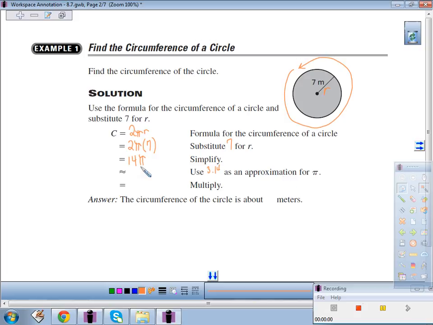So we can use 14 times 3.14 just to round. And so we get the value 43.96, and so the circumference of the circle is about 44 meters. Don't forget your units.